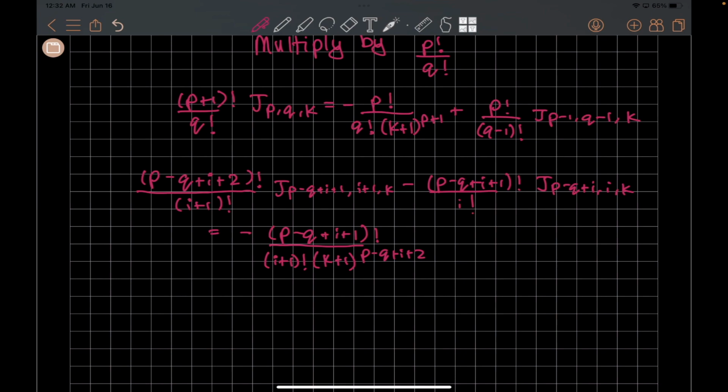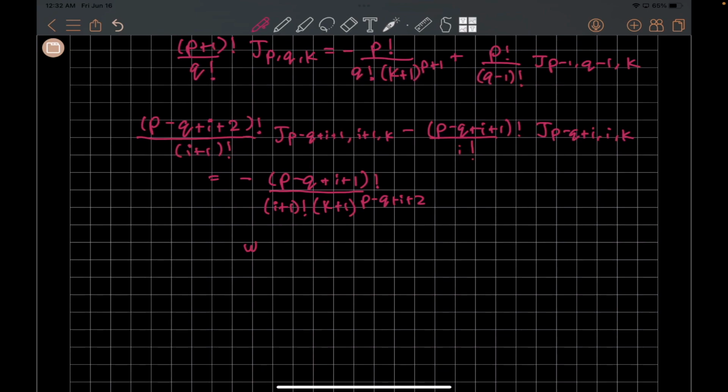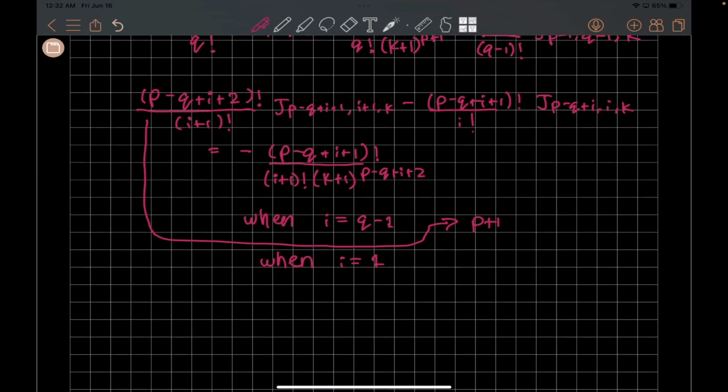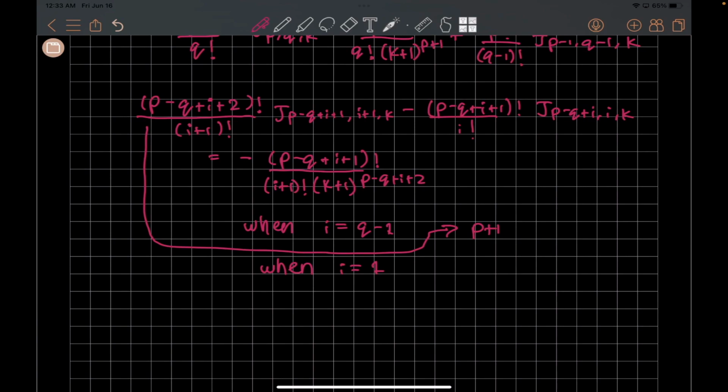Okay, so what happens when I do that is when i is q minus 1, we get p plus 1. When i is q minus 1, the term in the numerator just becomes p plus 1, and when i is 1, we basically get p minus q plus 3.